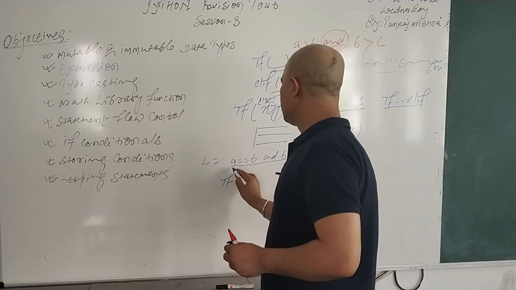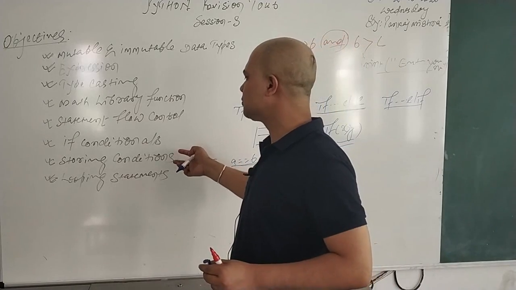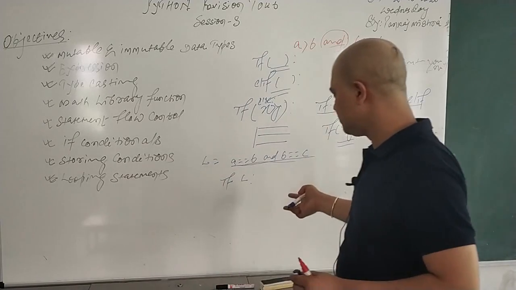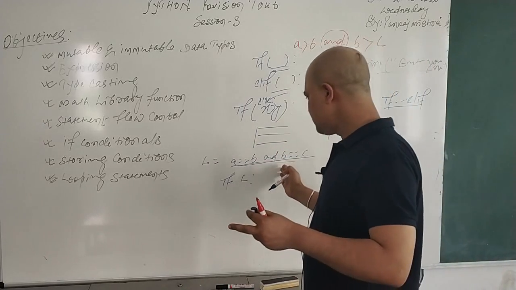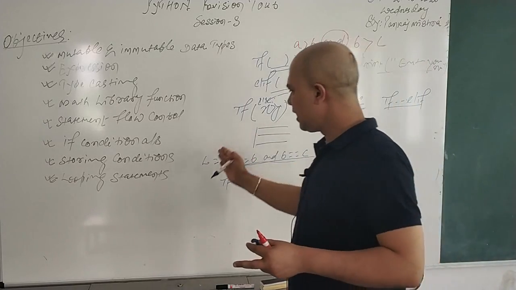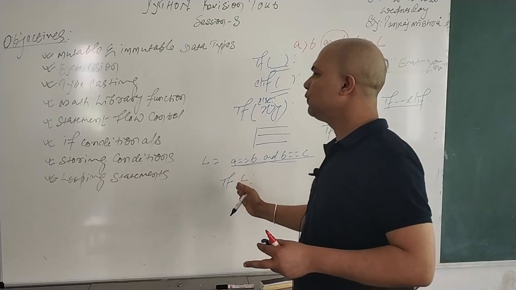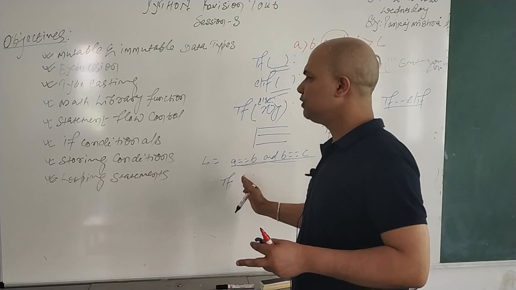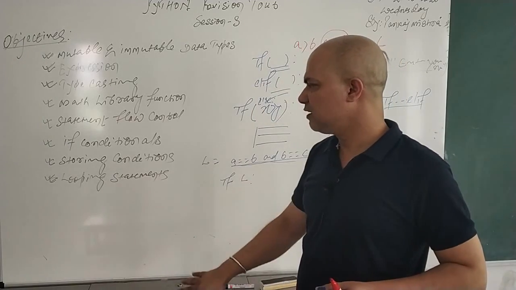It means it is going to evaluate the same statement. This is how to store a condition in Python. You store the condition in a particular variable and use that variable name directly in your if condition or wherever you want to check.